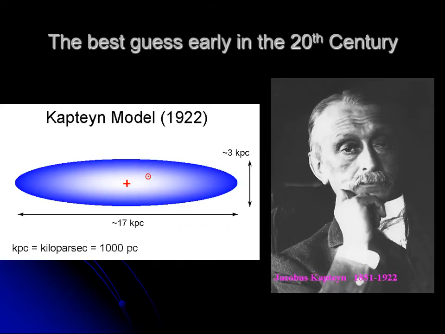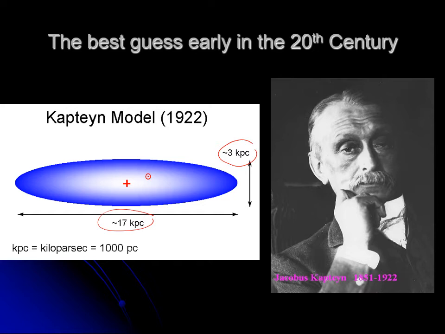Jacobus Kapteyn, J.C. Kapteyn, a famous Dutch astronomer of the late 19th century and early 20th century, mapped out the Milky Way as best he could, and he found it was about 3,000 parsecs, 3 kiloparsecs thick, and about 17,000 parsecs wide. 3 kiloparsecs is about 10,000 light years thick, and 17,000 parsecs is close to 45,000 light years wide.